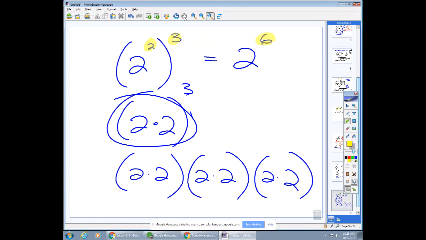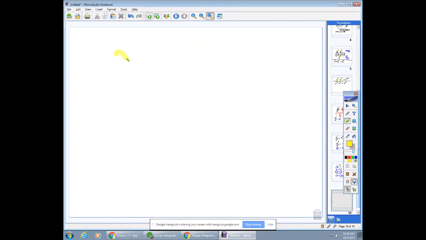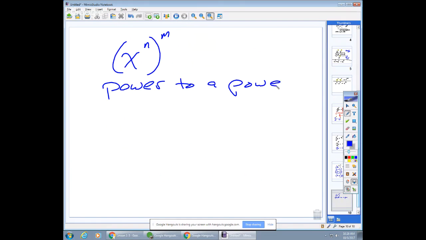I'm going to write that down on the other side here. If you have some base to a power, and that thing is raised to another power, we call this a power to a power, then the result is you keep the base, but you multiply the powers, whatever those numbers happen to be.